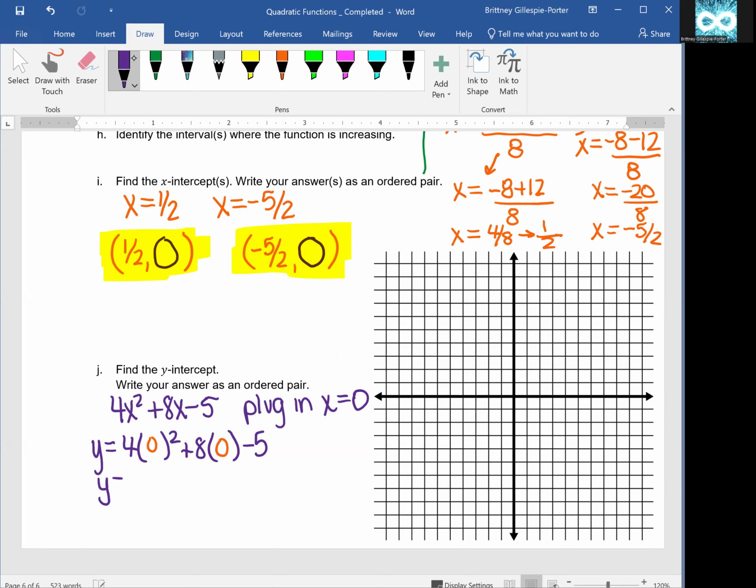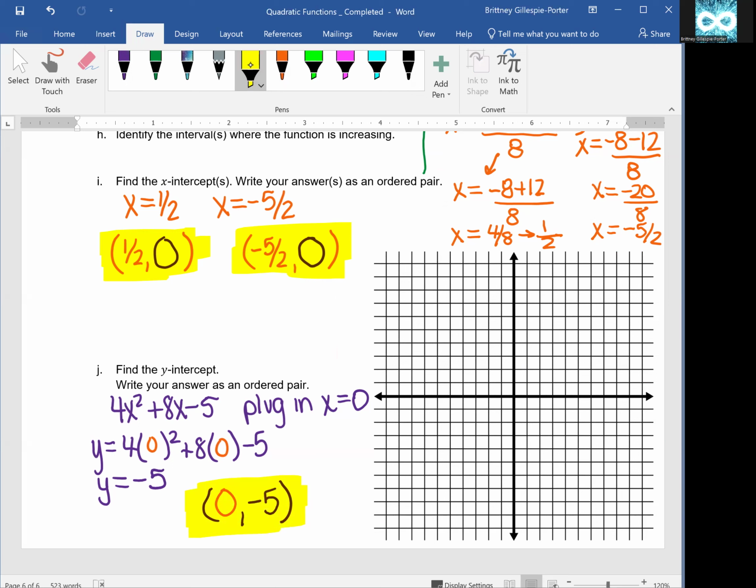We find out that y is equal to -5. And as an ordered pair, we know that the -5 is a y value, and we plugged in x equal to 0. So our y-intercept is 0, -5.